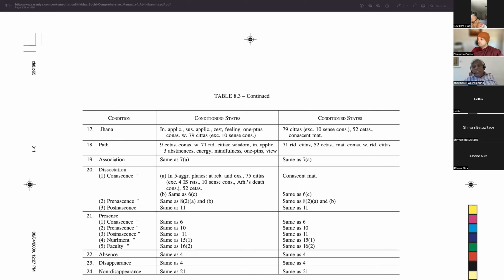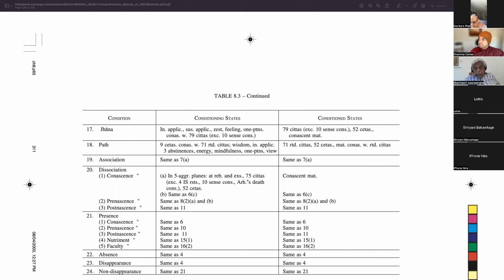A good example is the very first Kusala chitta, which has 38 chaitasikas associated with it.